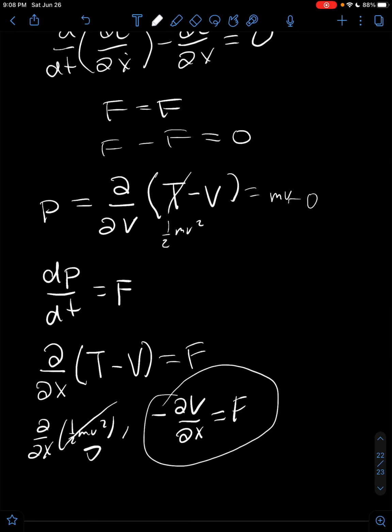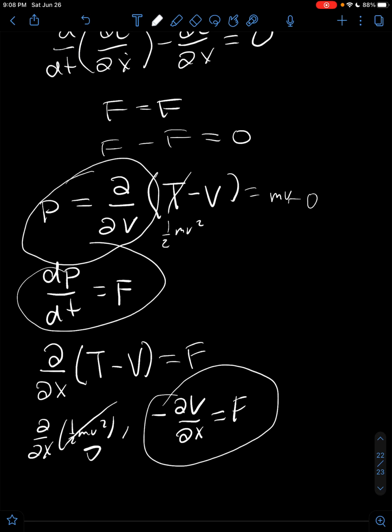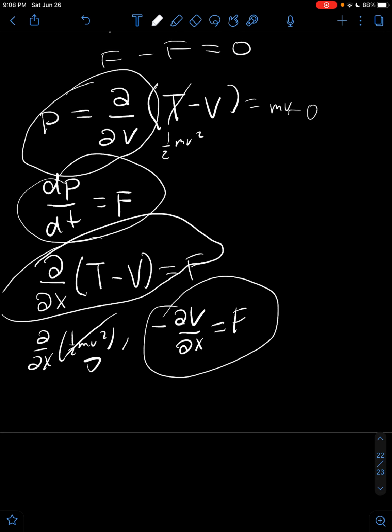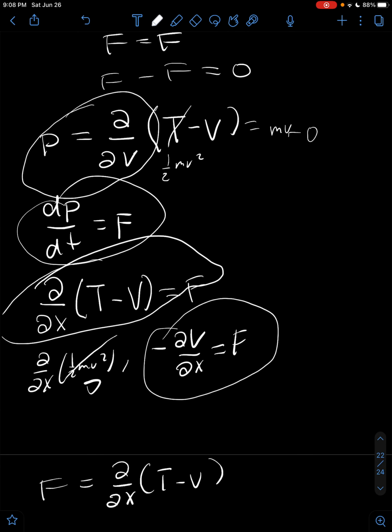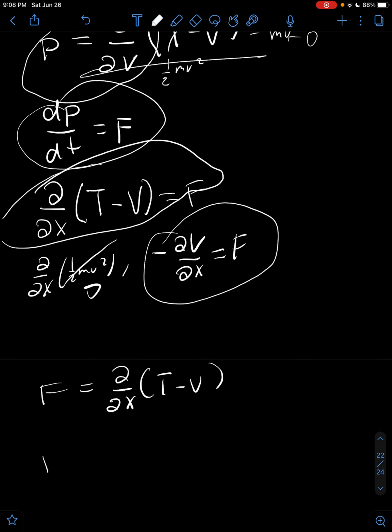So since these relations hold, remember that force equals partial over partial x of T minus V, and force equals the rate of change of momentum, which equals this.